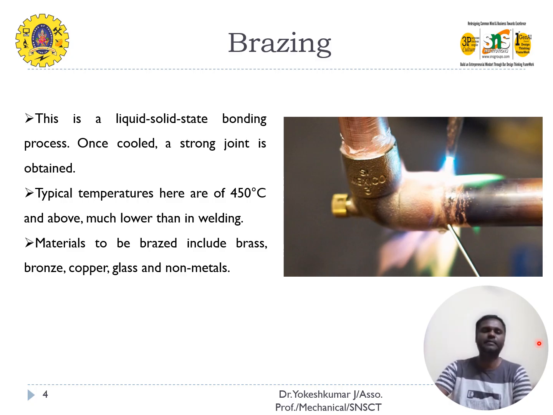Typically the temperature is around 450 degrees centigrade, above or slightly lower than 450 degrees centigrade. The materials to be brazed are brass, bronze, copper, and we can even join glass and other non-metals together by using a brazing process.